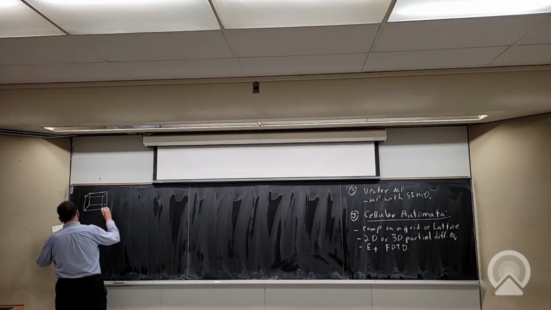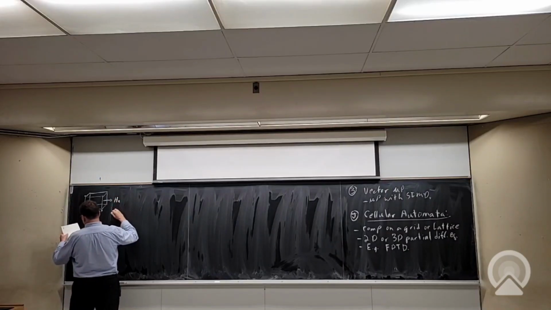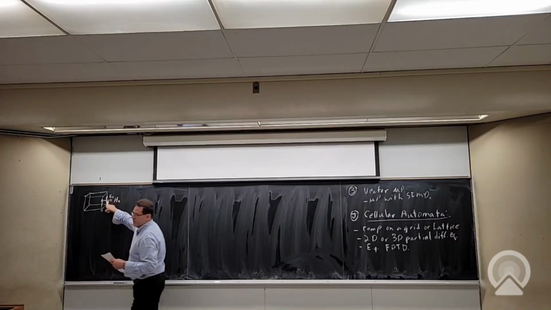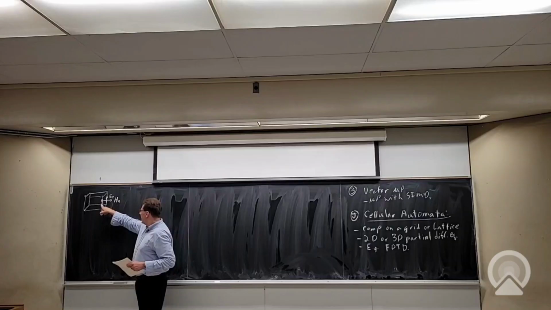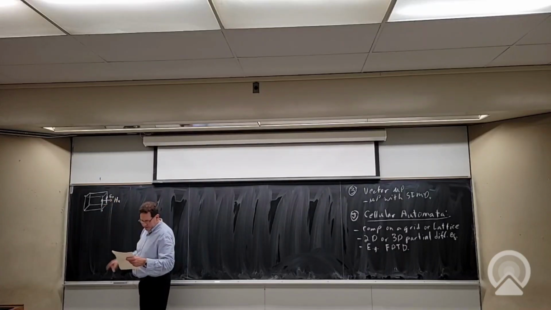So if we take, for example, Maxwell's equations, right? We have the x-directed component of the magnetic field, and I've got a y-directed component. So this is at a certain point in space, right? I'd have a variable that represents the x-directed magnetic field right there. And then I have other variables that represent the y-directed electric field here and the y-directed electric field there.